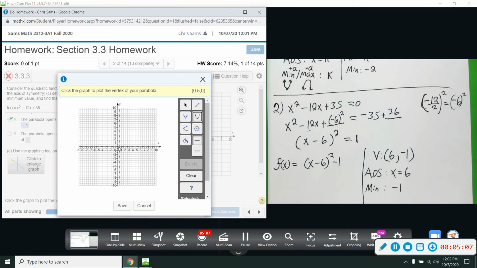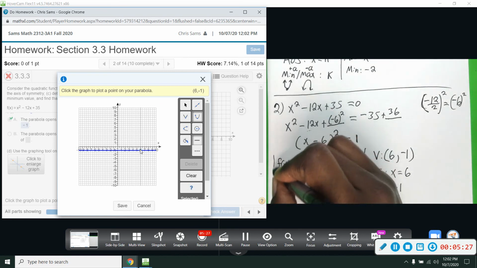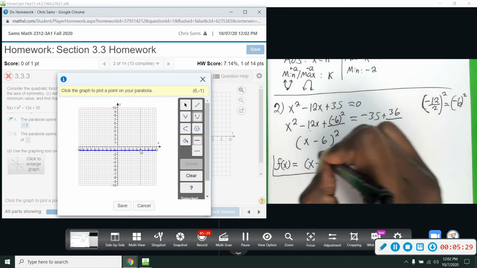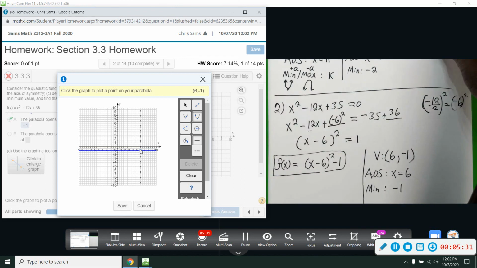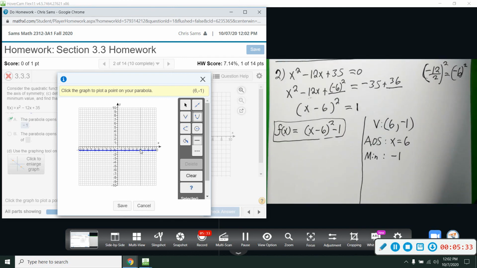So I'm going to go to 6, and you can see the ordered pair up here in the right corner. So I'm going to go to 6, and then negative 1. So that is our vertex. Now we need another point. So I'm going to use this factored form right here and plug in a number that will be easy to work with.